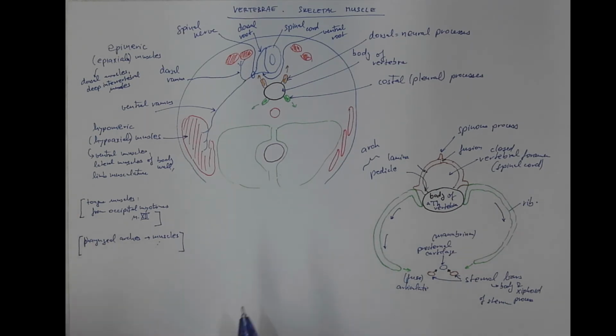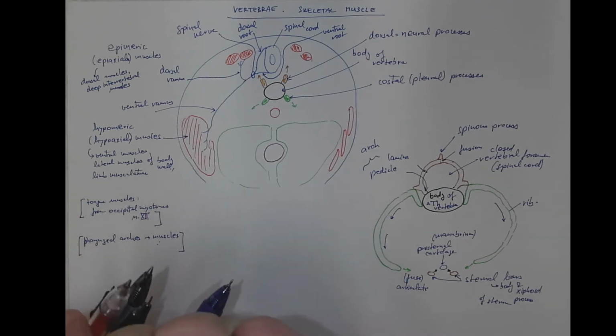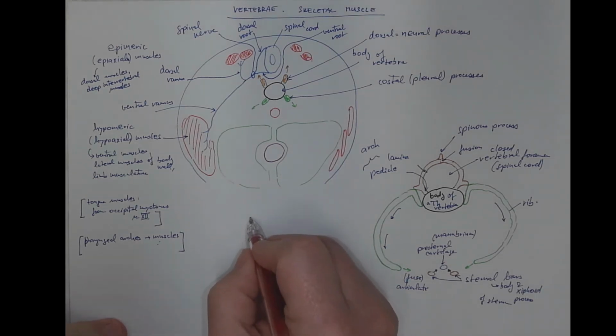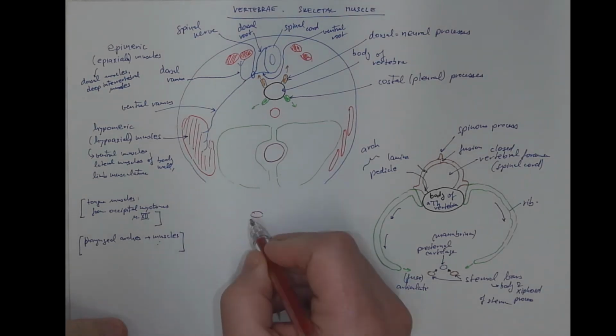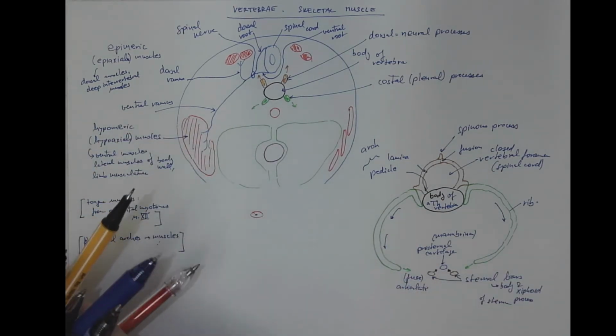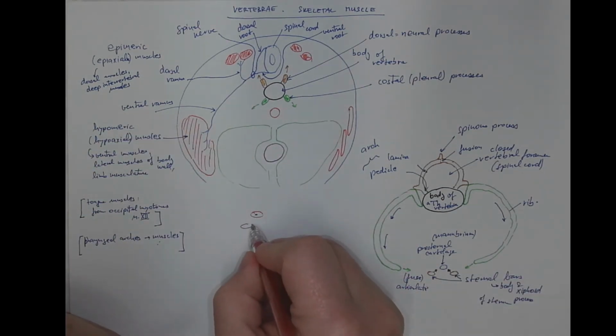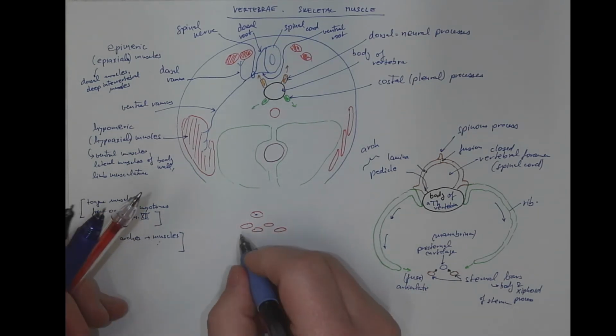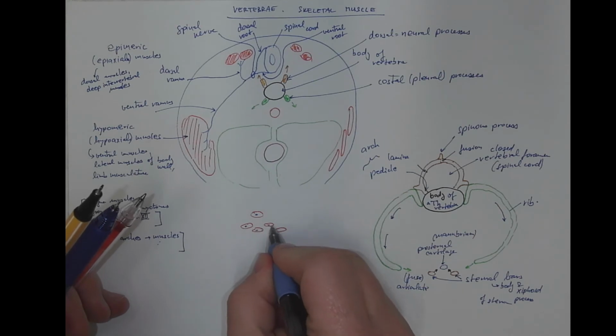And let me remind you of the mechanism of the differentiation of the skeletal muscle. It starts with the embryonic myoblasts that undergo cell divisions. So mitosis, they multiply, they increase in number.